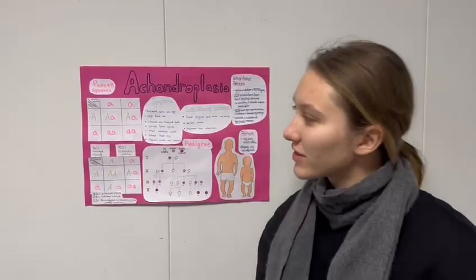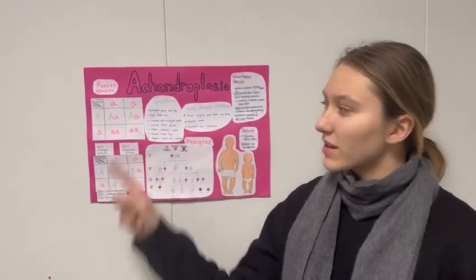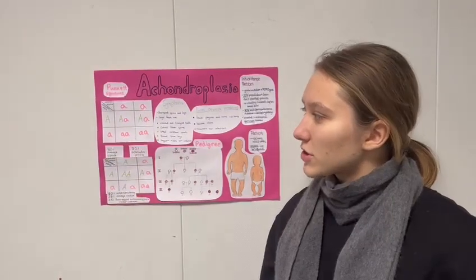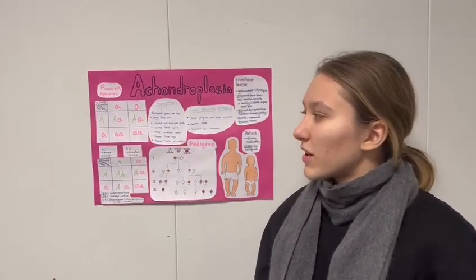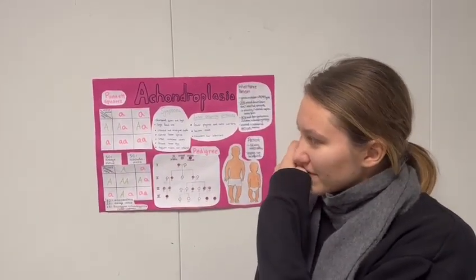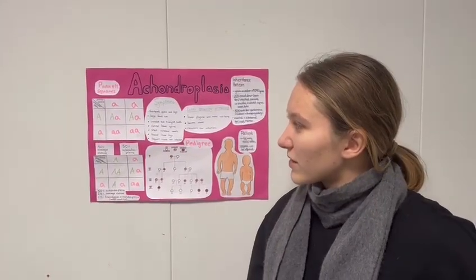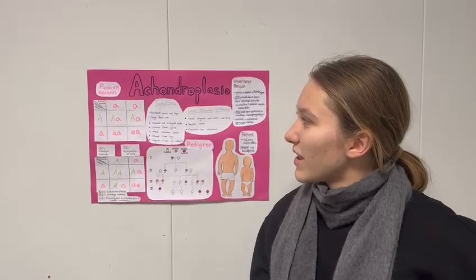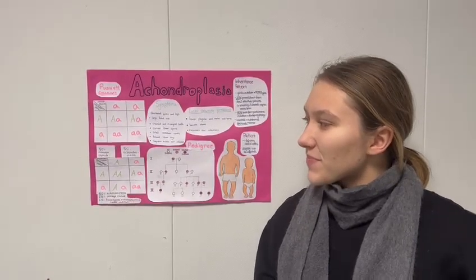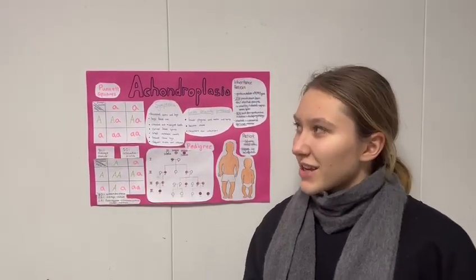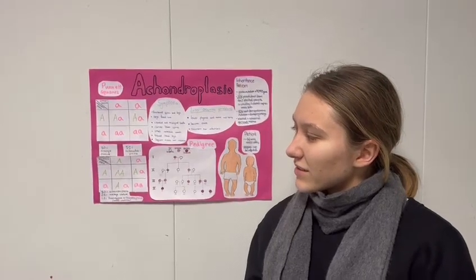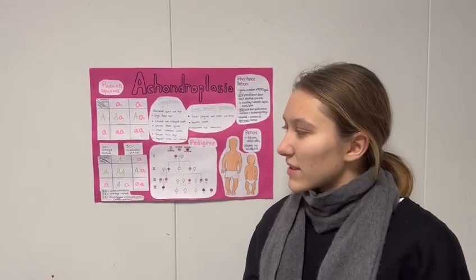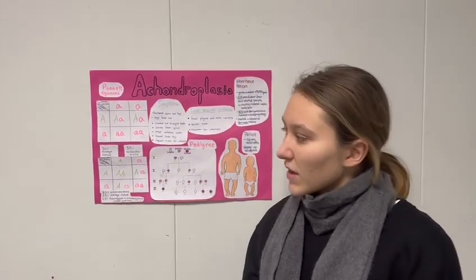Now we have two Punnett square examples. In the first one, an individual with an average stature reproduces with a person with achondroplasia, and the chance of their offspring to also get the disease is 50%, and 50% to get average stature.